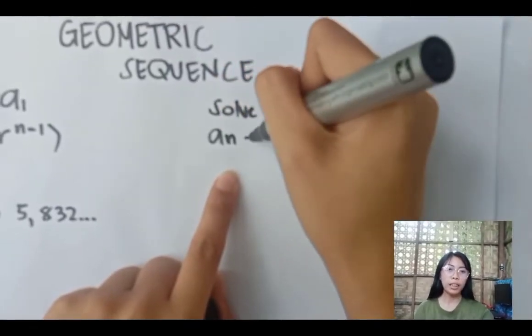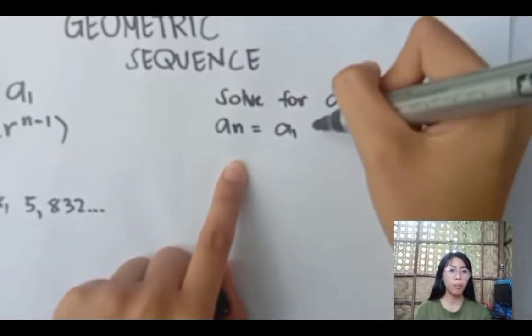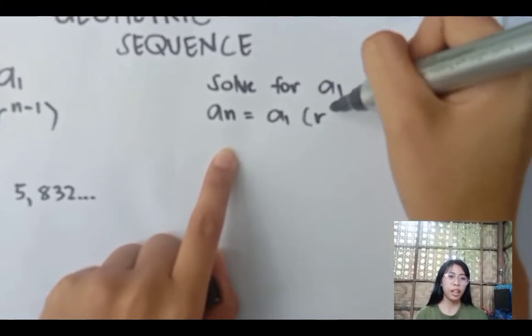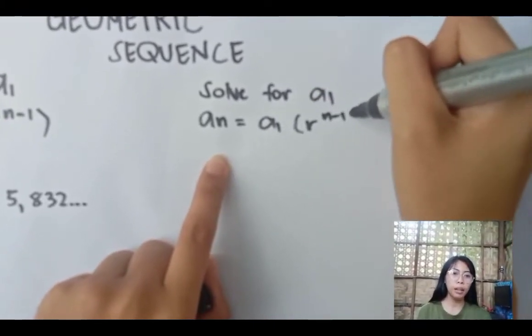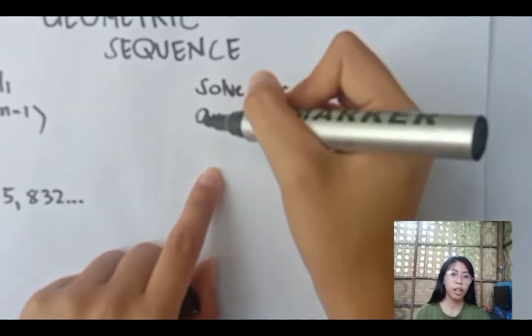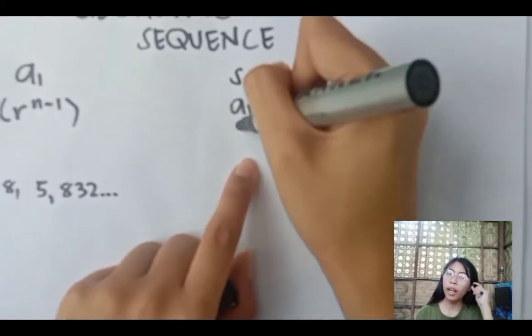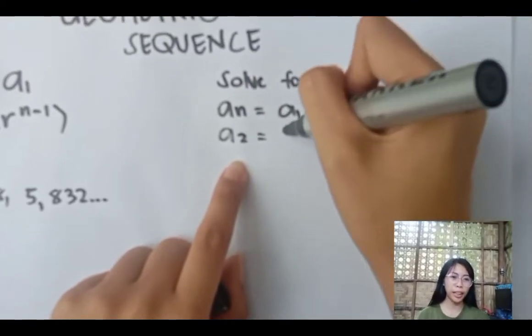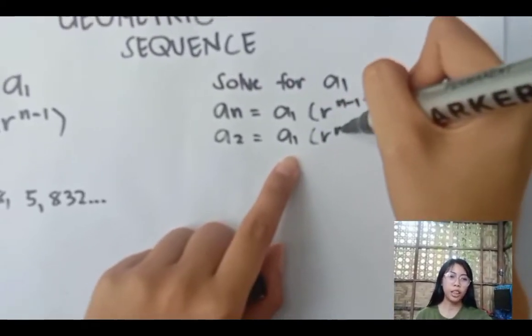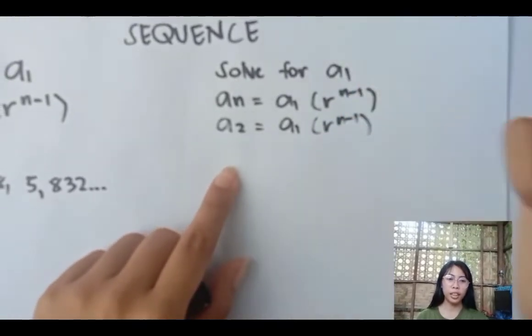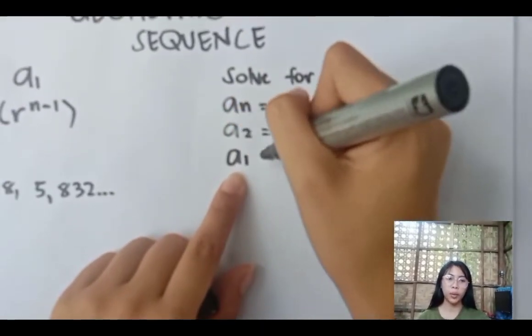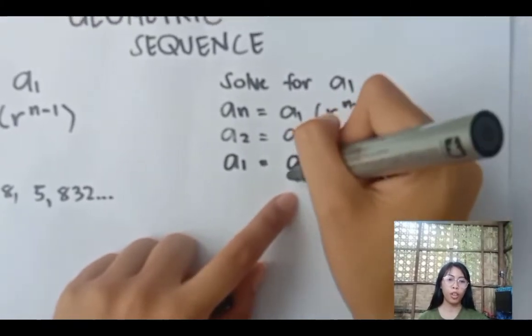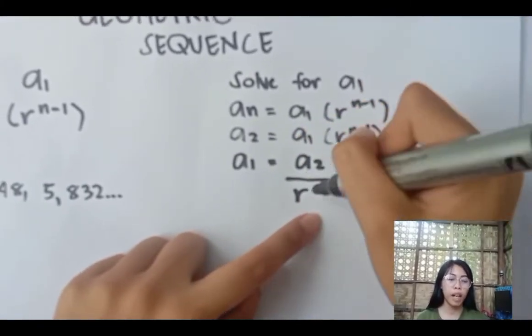A sub n is equal to a sub 1 times the ratio to the power of n minus 1. Then our n is 2, which is the second term. Let us transpose: a1 is equal to a sub 2 over the ratio to the power of n minus 1.